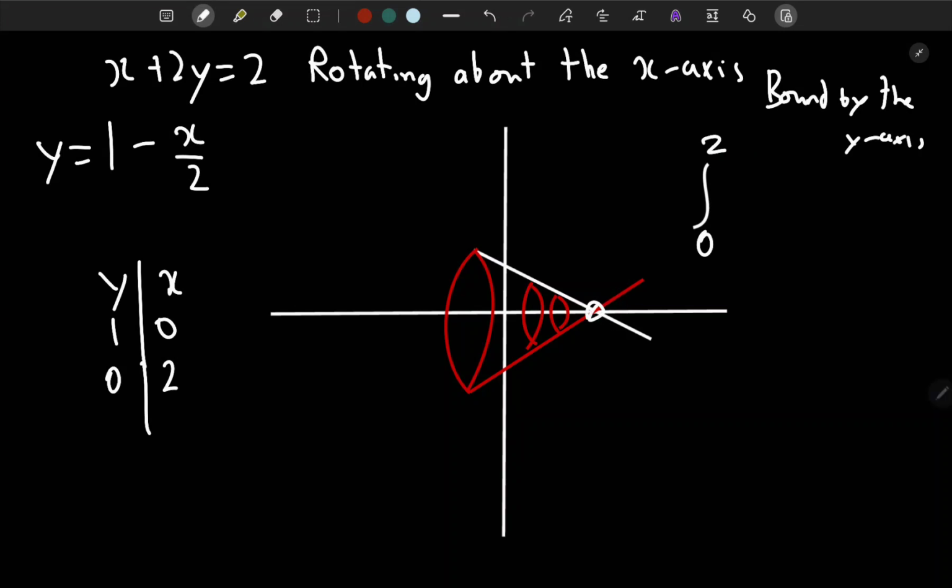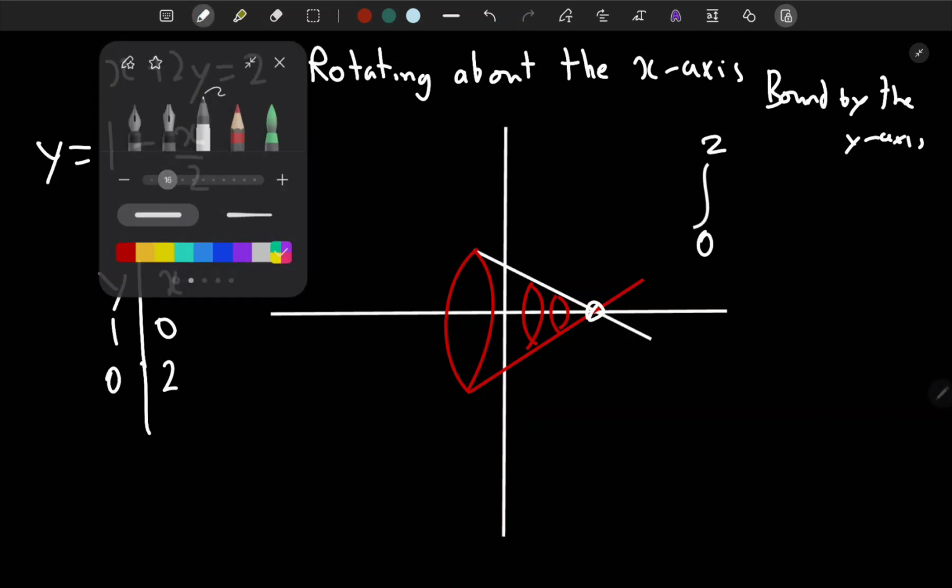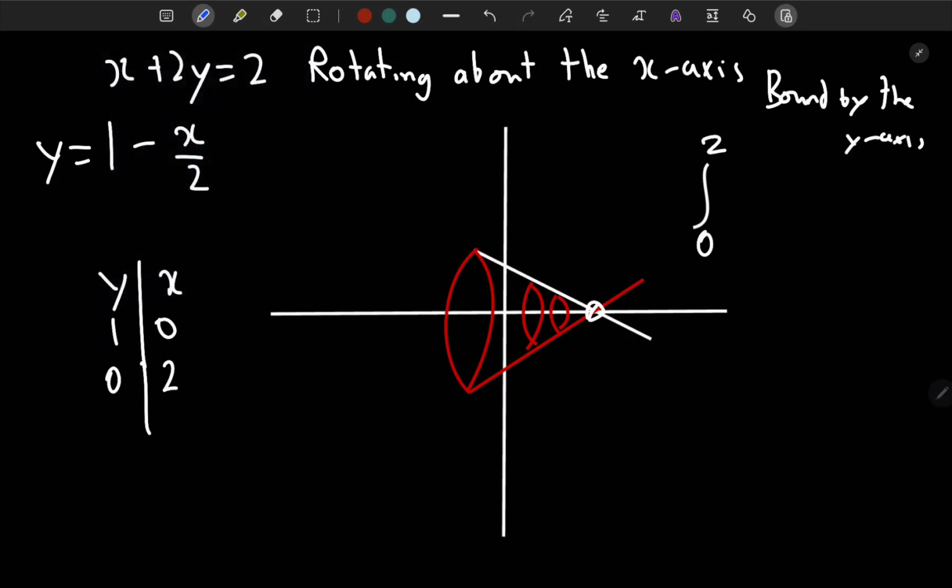So 0 to 2. And here, what is our radius? If you try to find the radius over here, I'm going to erase this right now, or I'll change my color to blue. The radius of this disk is simply right here, right? It's always going to that line, and for the small one, it's also going to the line.